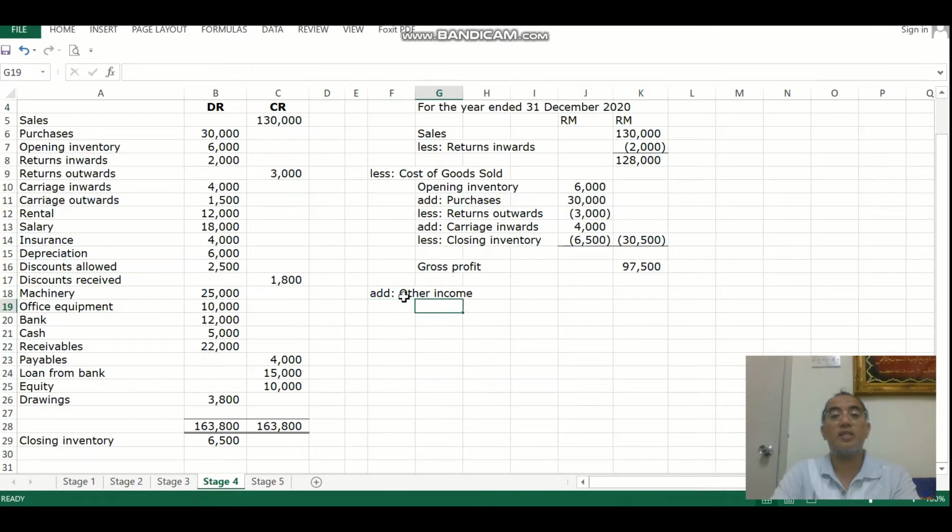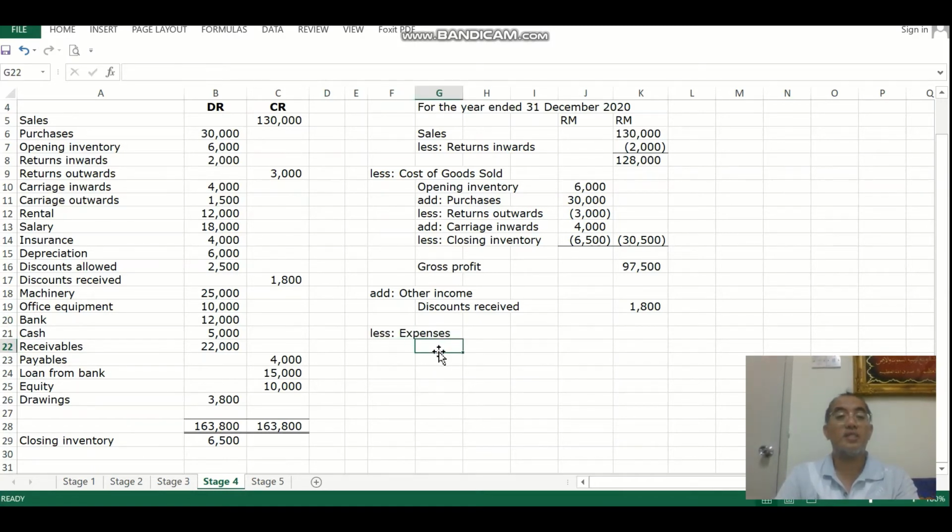So your other income is discount received. Since you have only one discount received, I just put the total here, so 1,800.